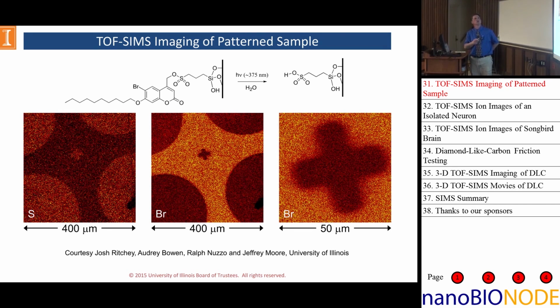The key here is we noticed that bromine was a very important element, so we imaged the surface for bromine and were able to see areas where the molecule was still intact versus areas where it wasn't. Even though sulfur is in both of them, it's less shielded in the second case, so we could actually use that as well. This is an example of the top resolution that we're looking at in the TOF SIMS. This is about 50 microns, so you have about 20 pixels per micron in that case.